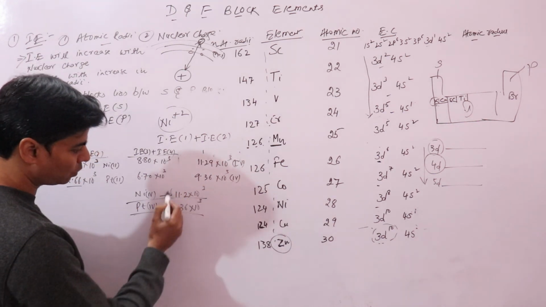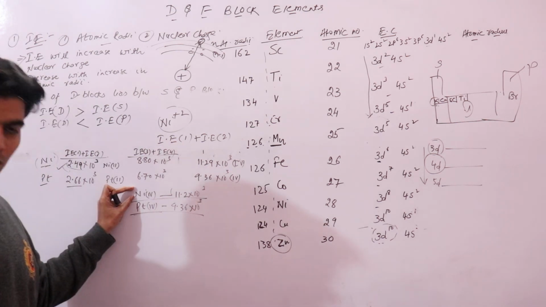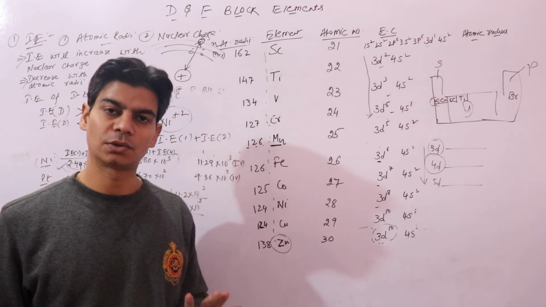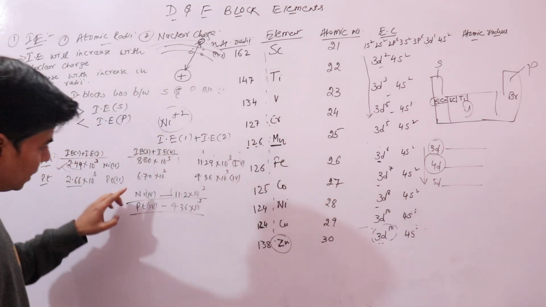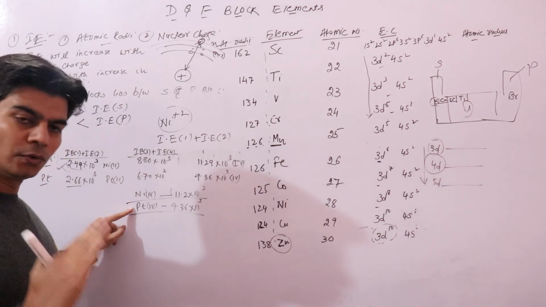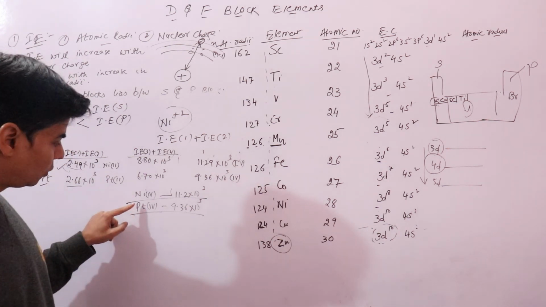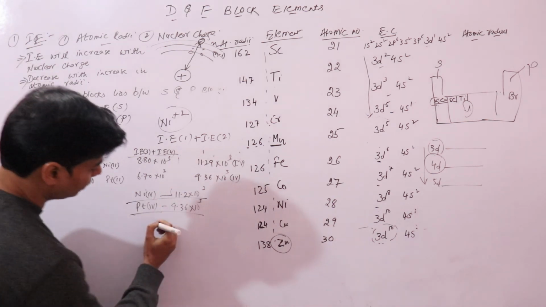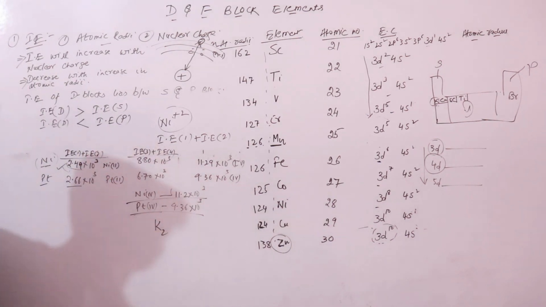Because more energy is required to remove 4 electrons from the outermost shell in case of nickel, whereas less energy is required to remove 4 electrons from the outermost shell of platinum.